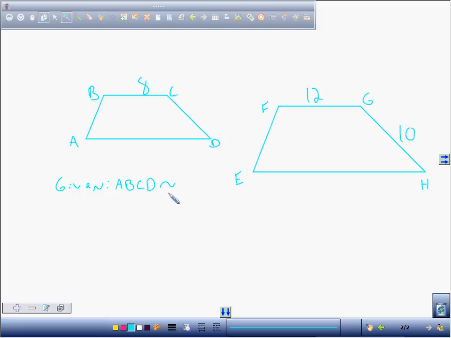This symbol right here means similar. It's kind of like congruent, but it's only one of them.